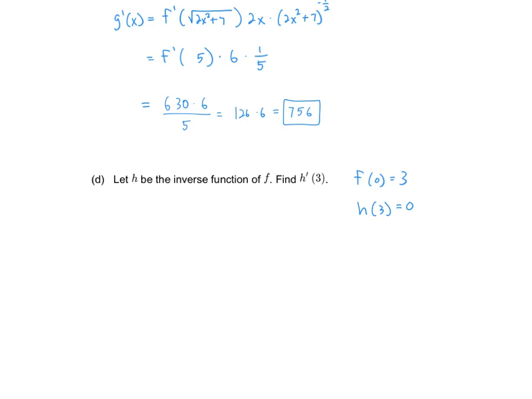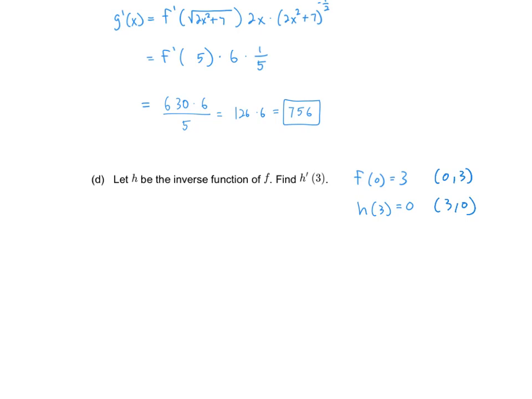So if you have a point (0, 3) on a function, then you have the point (3, 0) on the inverse. That's the definition of inverses: you switch each point and it becomes a point on the inverse.